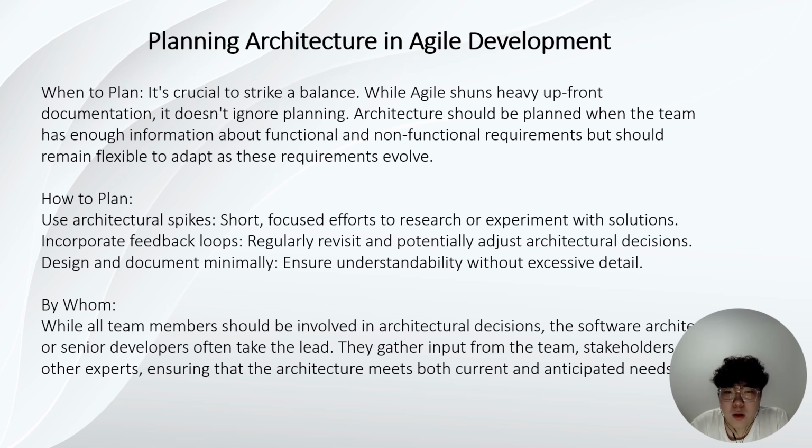By whom: all team members should be involved in architecture decisions. Senior developers or architects often take the lead. They gather input from the team, stakeholders, and other experts, ensuring that the architecture meets both current and anticipated needs.